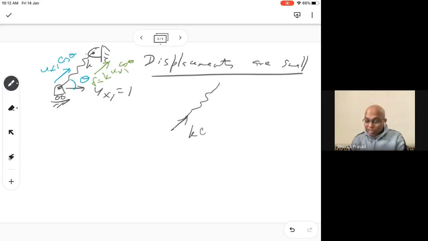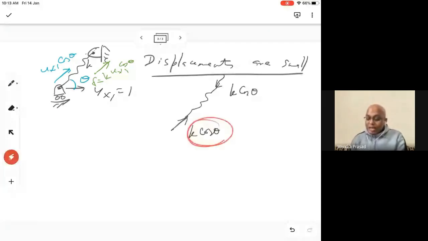This side also, there has to be the same force, which will be K cos theta. If K cos theta is the force under compression, then what force do you need? Remember that in your system there is no force in this direction. You have force only in this direction and this direction. So you have to find the component of that, right?